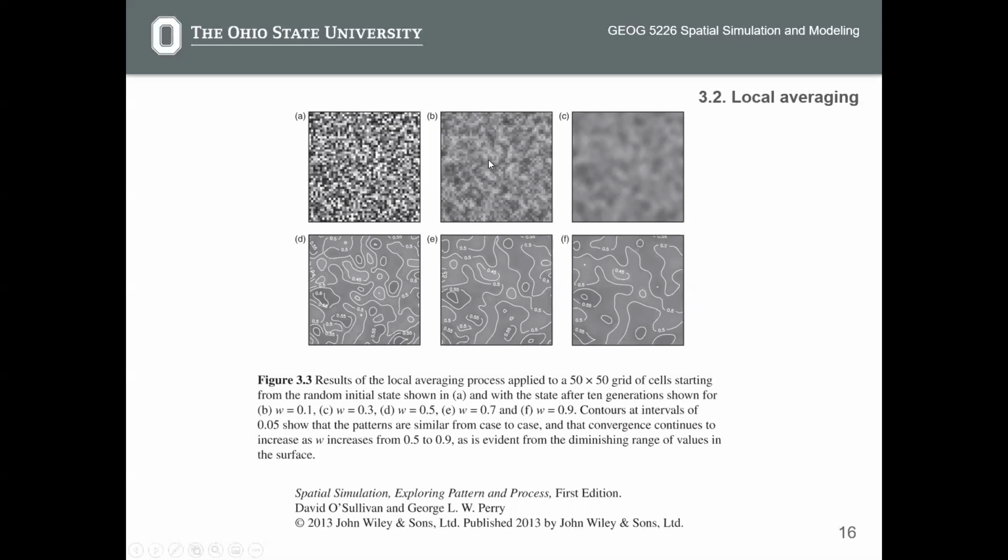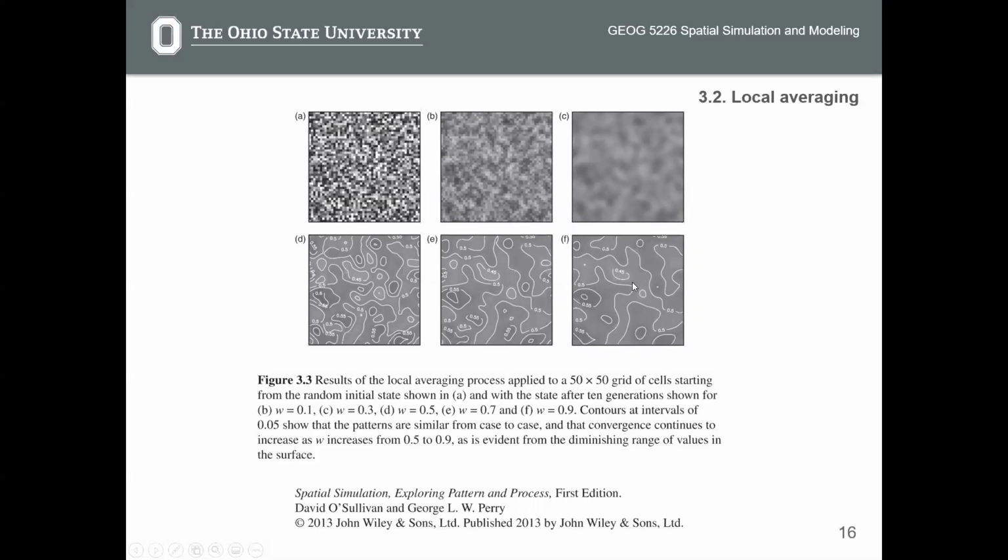You can still see differences among cells here. Some of them are pretty dark, some of them are pretty bright. But still, after 10 generations, if you use 0.9 as the value of W, this is the result. If there were no contour lines, you could barely differentiate different pixels or cells, because they become so similar to each other after only 10 generations because of a pretty high W value.